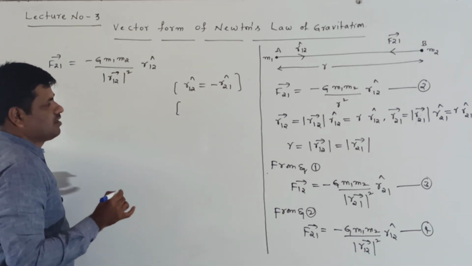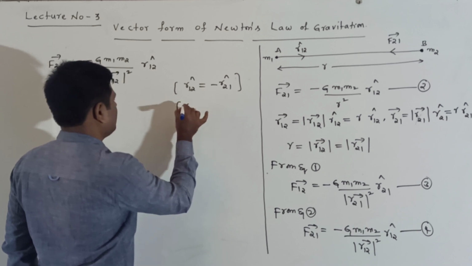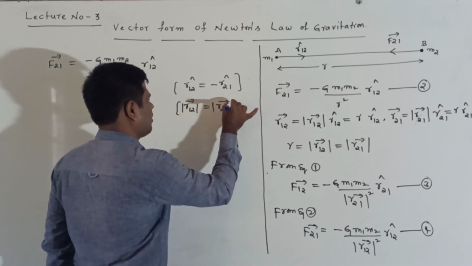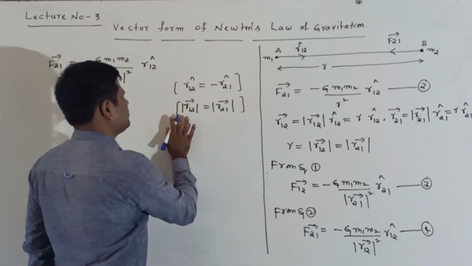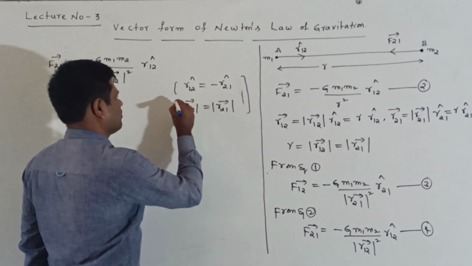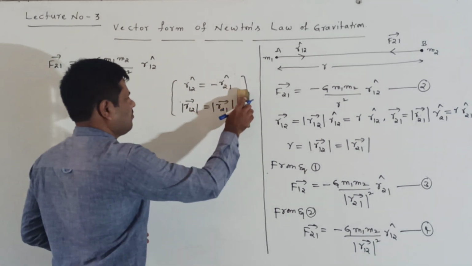Here again I have taken this: mod R12 bar is equal to mod R21 bar. These two I am changing here. I am going very slowly here.